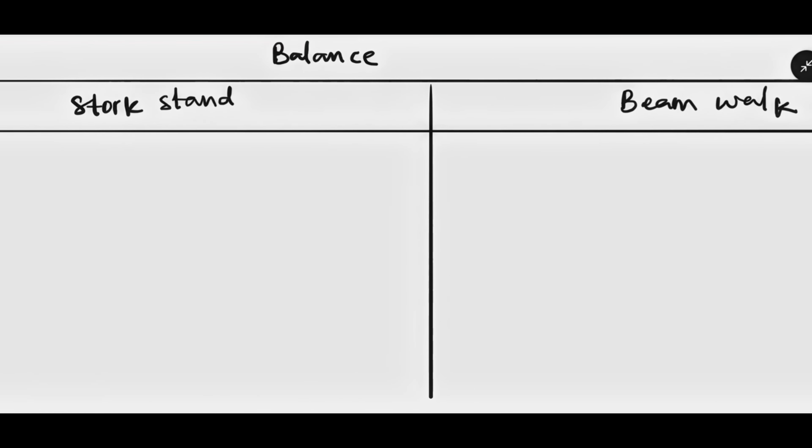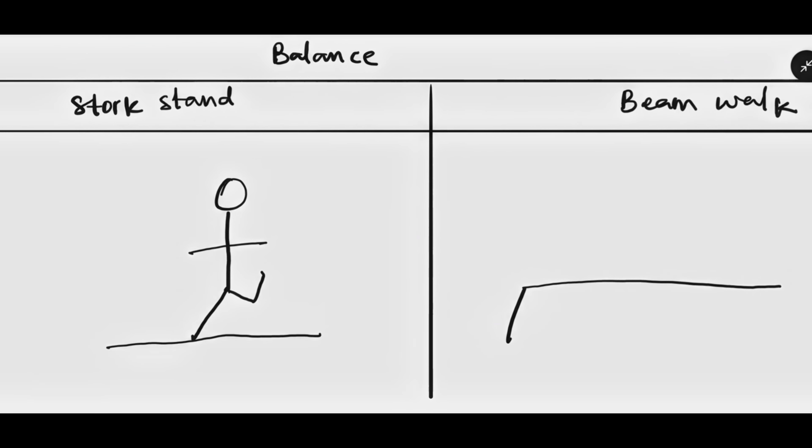Very straightforward. The stork stand test is just standing, balancing on one leg, and seeing how long you can hold that single stance position. And then the beam walk is on a beam, so you can imagine gymnasts would probably benefit from a test like that, because they use a lot of beams for a lot of the routines that they do.